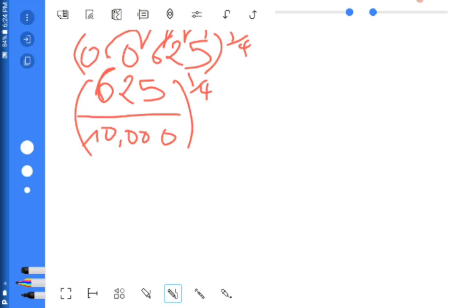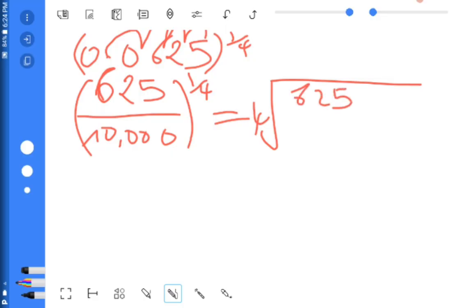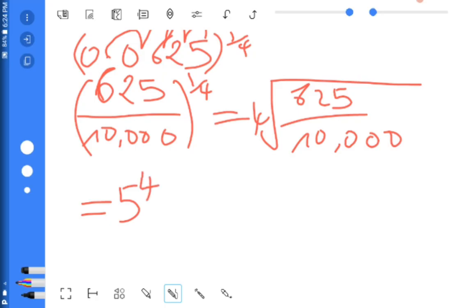Very good. But what does it mean? According to the fractional power, you are looking for the fourth root of 625 divided by 10,000. Now, what is the fourth root of 625? You know that 5 times 5 times 5 times 5, 4 times, is 625. So 5 to the power 4 is 625.